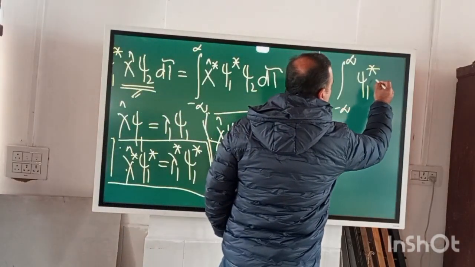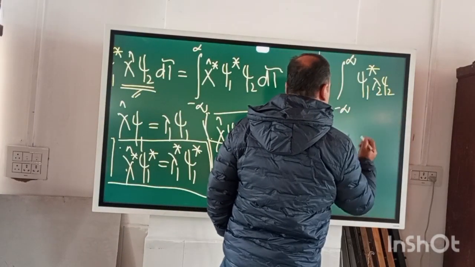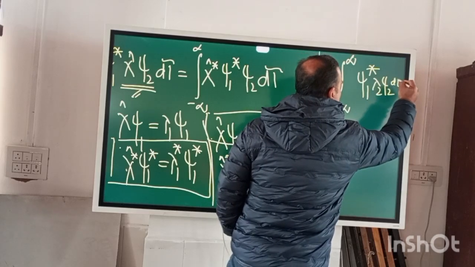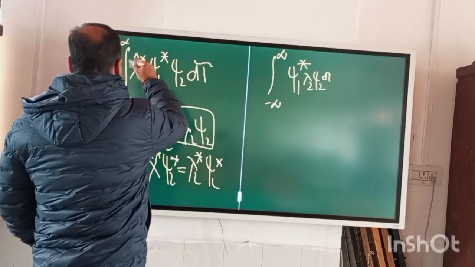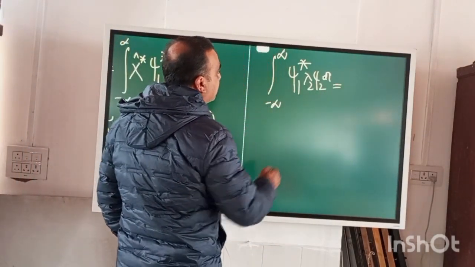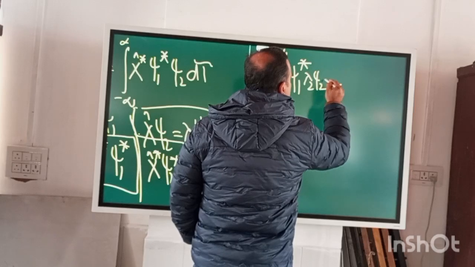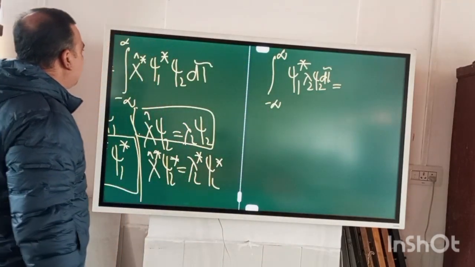So here I will have lambda 2 psi 2, d tau. We are taking the volume integral here.